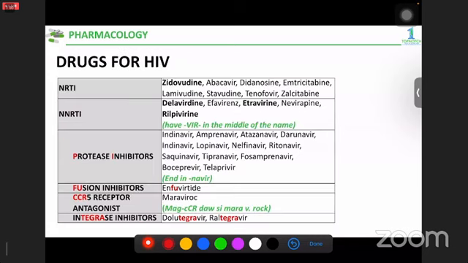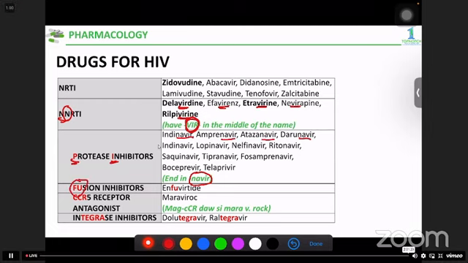Pre-op prophylaxis. Drugs for HIV, so emphasize ko lang yung mnemonics. Paano tandaan? Pag may vir sa gitna, ano siya? Yung dalawang N, may N din sa gitna. So, NNRTIs, may vir sa gitna. Next, your protease inhibitors. So, tandaan ko dito, PI na virgin. So, protease inhibitors, na vir.